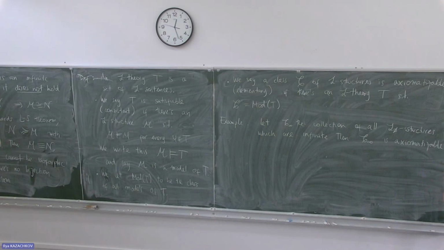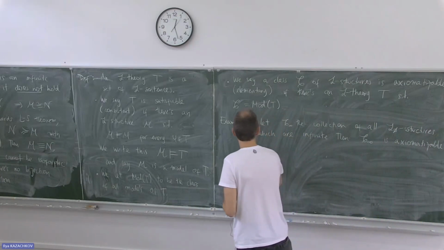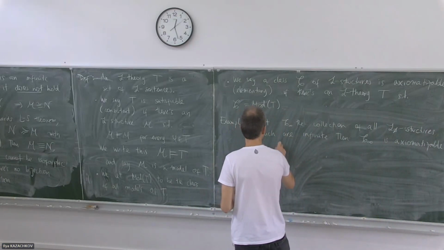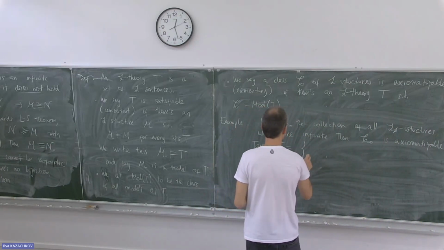Any idea how we do this? I did it already, exactly. It's just writing the sentence: I have more than 2 elements, I have more than 3 elements. Since I need to satisfy all of the elements of T, I must be infinite. So take T to be the following theory.